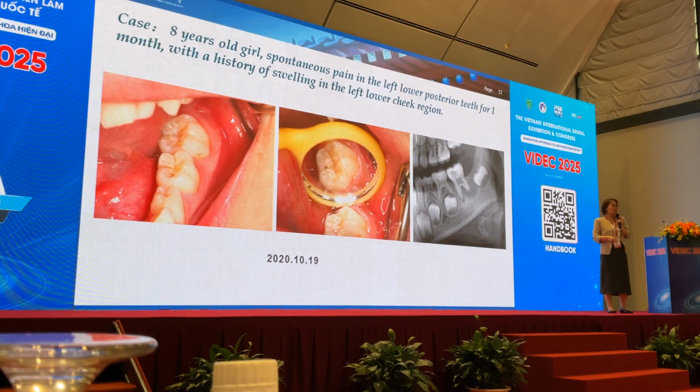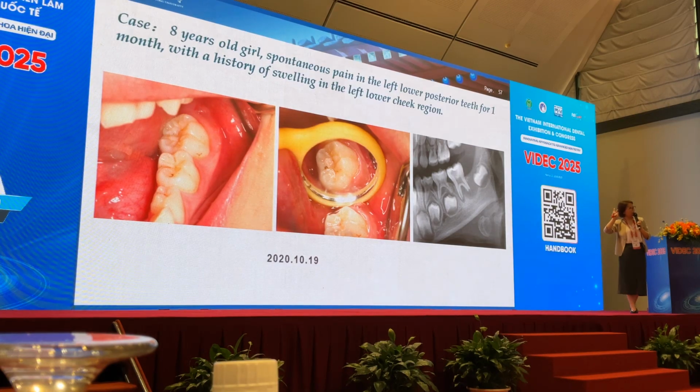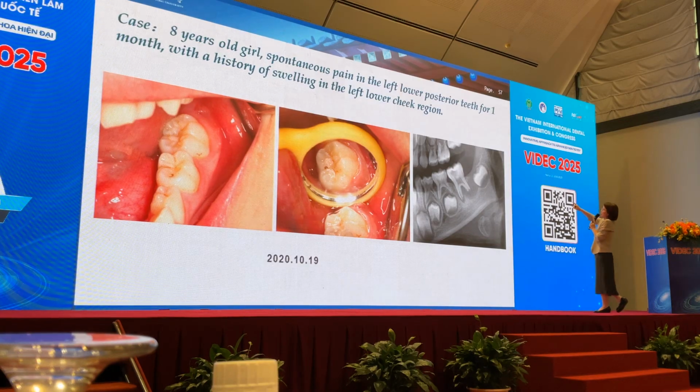Also, on the distal, a gingival abscess, and the X-ray showed a large radiolucency just at the distal. And I want to remind you, just look at the germ of the second molar. Actually, it's pushed away distally because of the lesion.